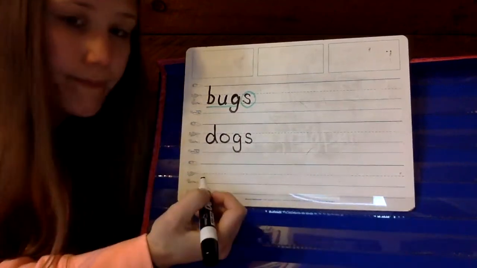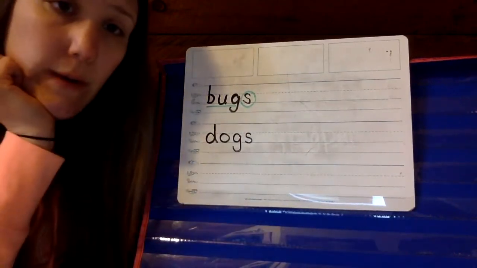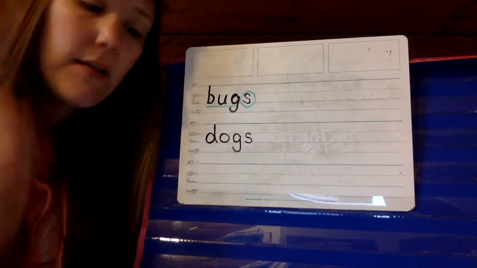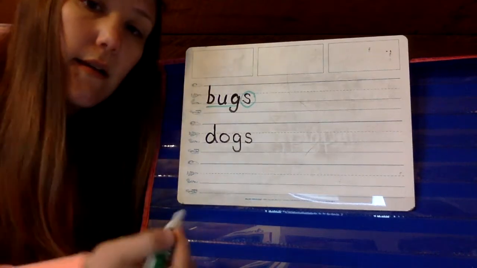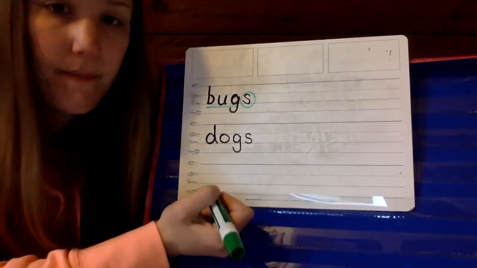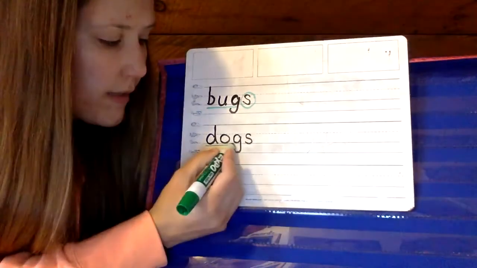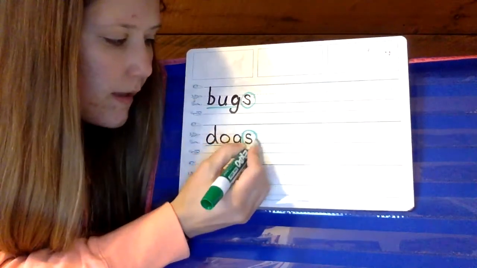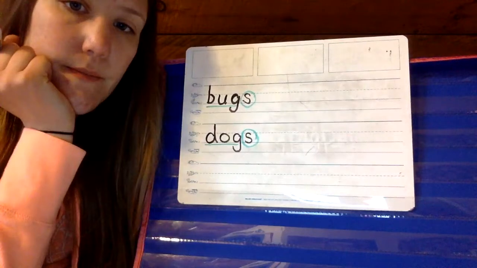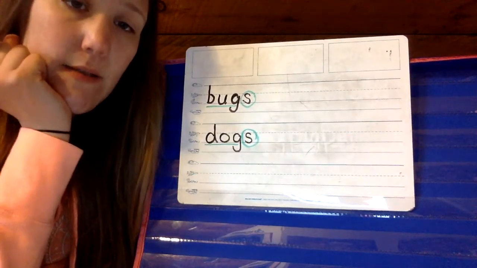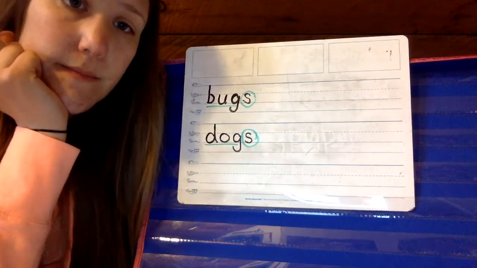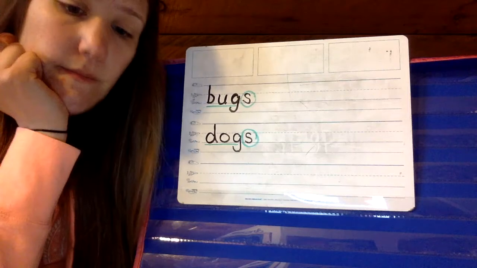More than one. Go ahead and write this on your board if you haven't already. And then underline the base word and circle the suffix. In this case, that S sound says Z. Okay.